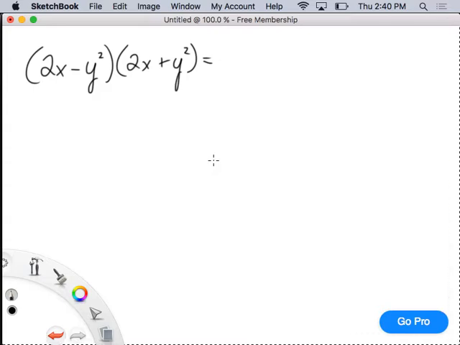Square the first, subtract, square the last.